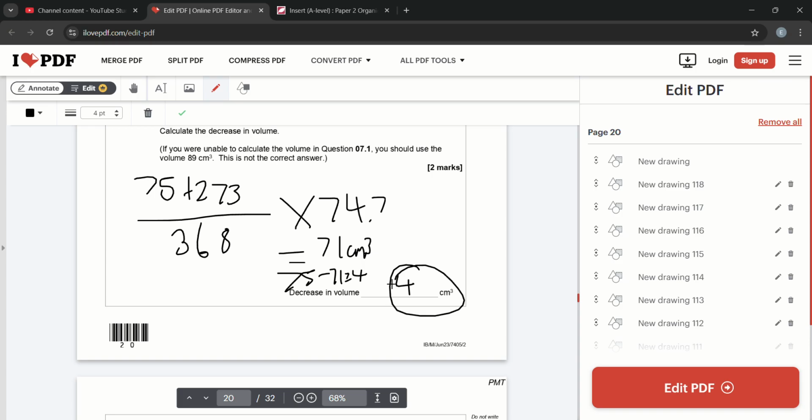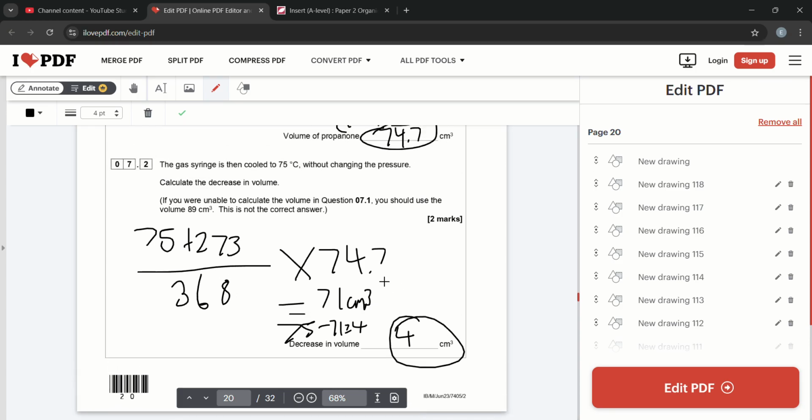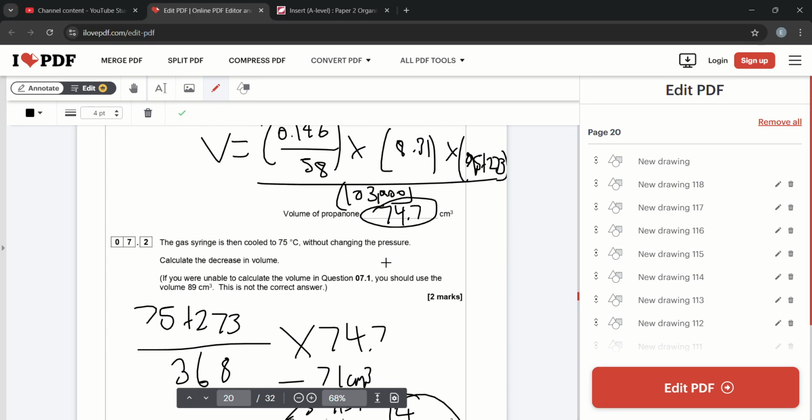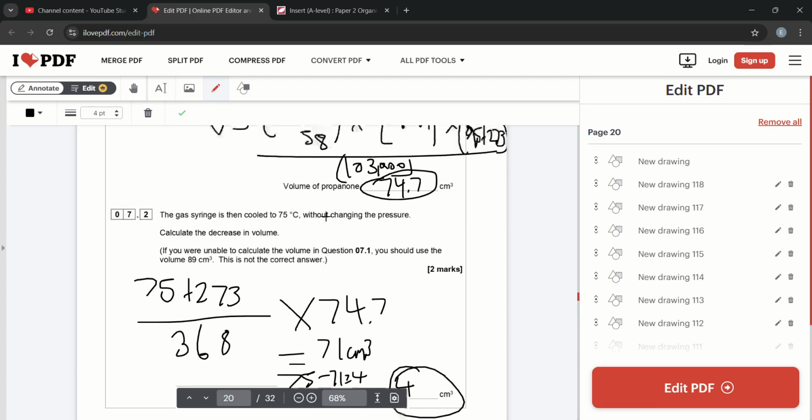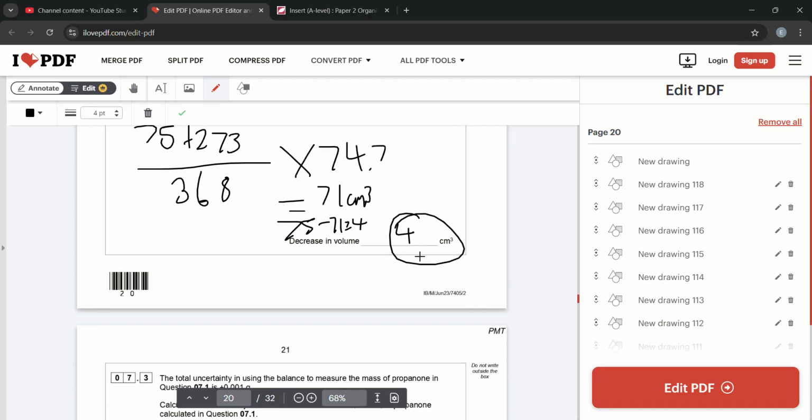And you get a decrease of 4 centimeters cubed. Or you can do PV equals nRT, find out the volume that way, and then do this volume minus this volume, and you'll get an answer of 4.